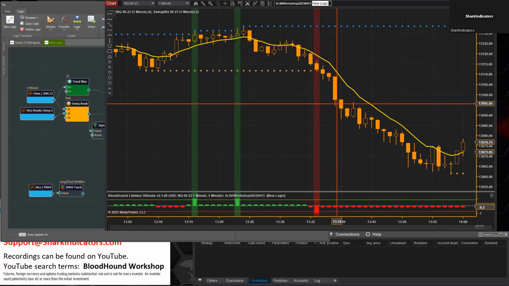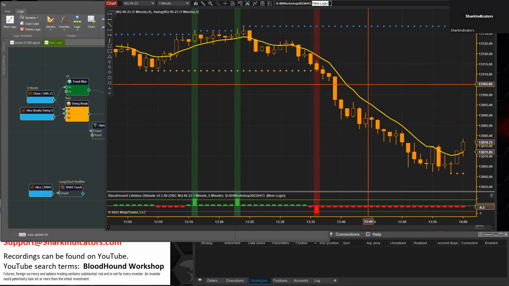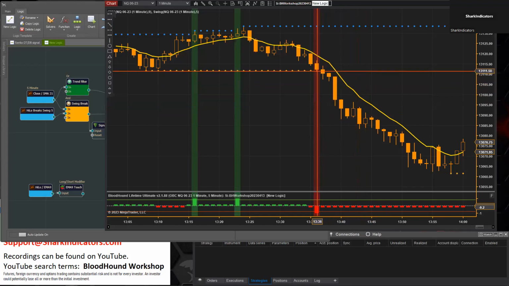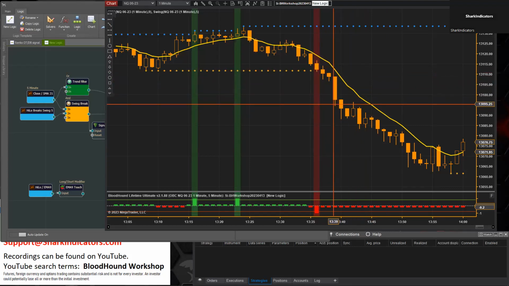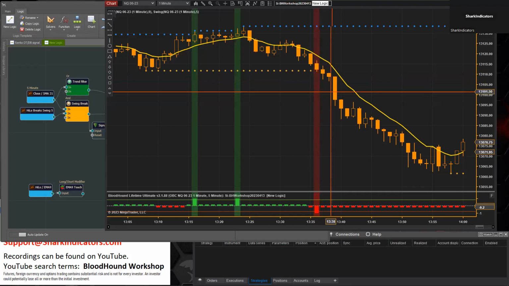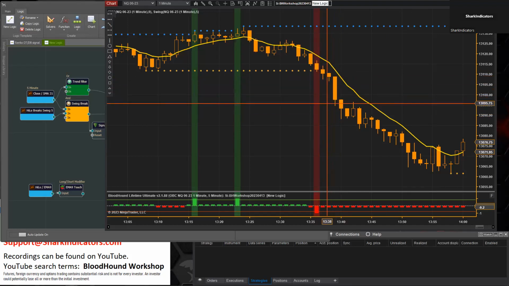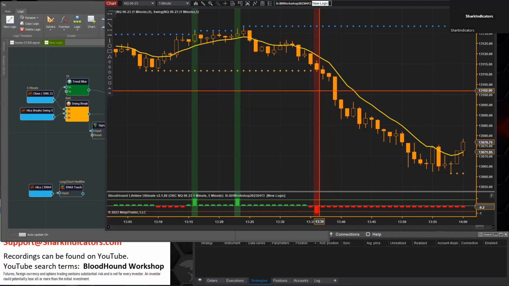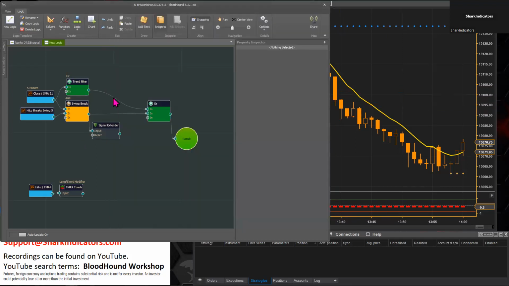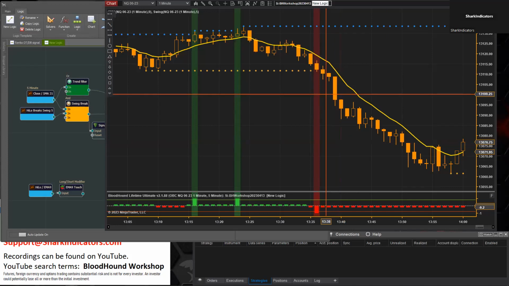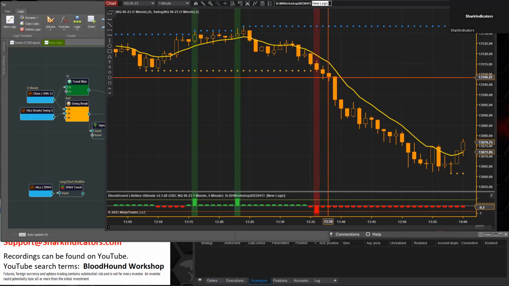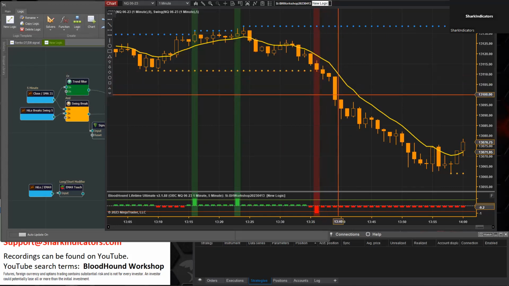Our next requirement is that smooth pullback. The more you allow these exceptions, or the longer you allow them, the more complicated you'll typically find your system becomes, because you have to account for more variations in price.